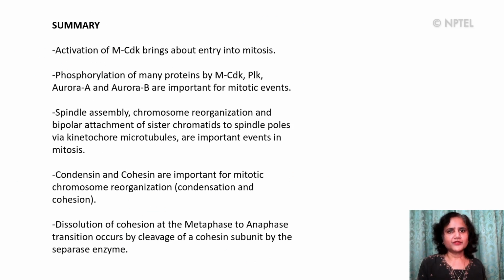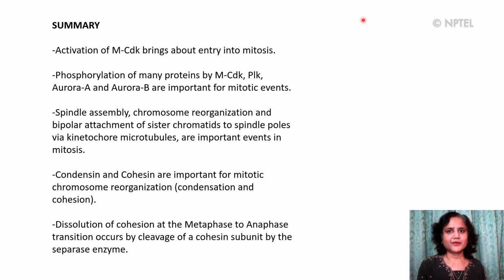To summarize some of the key points about today's introduction to mitosis, it's the activation of mCDK which brings about entry into mitosis. Phosphorylation of many proteins by mCDK and other kinases, Polo kinase, Aurora A and Aurora B, is important for mitotic events. Spindle assembly, chromosome reorganization and bipolar attachment of sister chromatids to the spindle poles via the kinetochore microtubules are important events in mitosis.